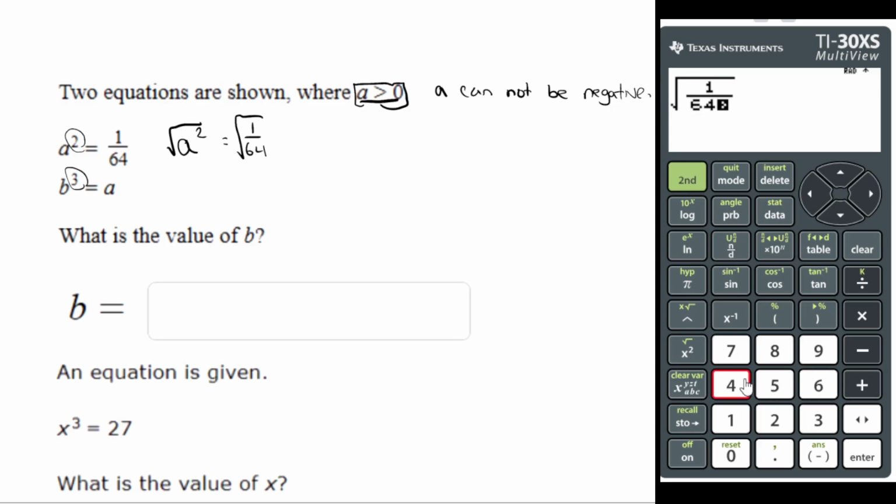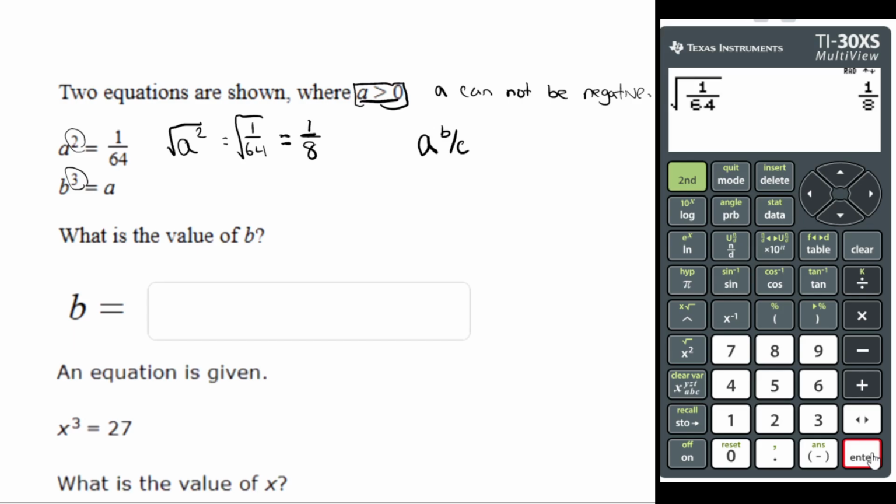Note that if you're on one of my calculators, you are using the fraction button, which looks like ABC, instead of the N over D button on this calculator. Unfortunately, I cannot find an online version of my calculator, so I have to use this. You're just going to hit enter. It's going to tell you the square root of that is 1 over 8.